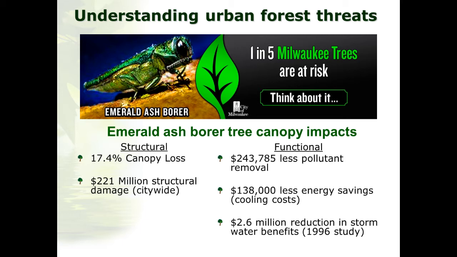With the threat of emerald ash borer approaching, they could look at what the risks to their urban forests were. So they were looking at a 17.5% canopy loss, which was attributed to all ash trees, and what that would cost the community in terms of the ecosystem services loss: lost pollution removal, lost energy saving, lost stormwater benefits.